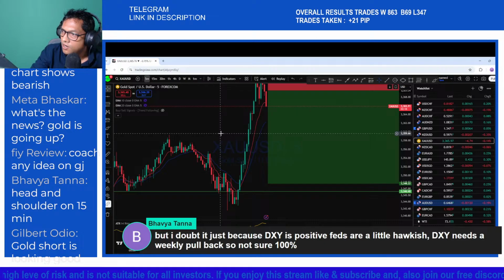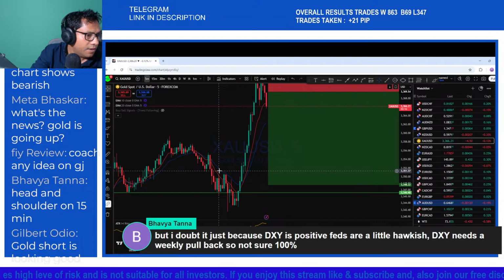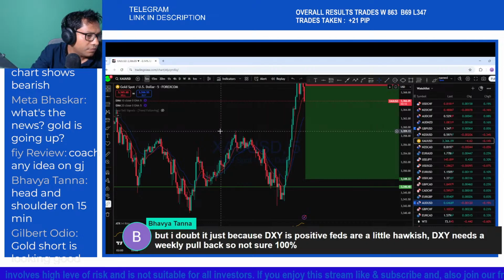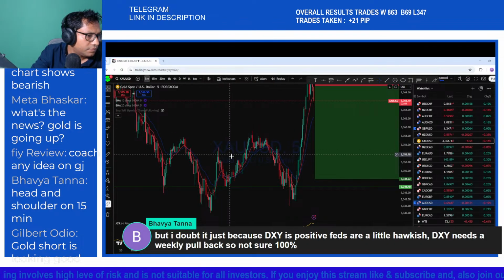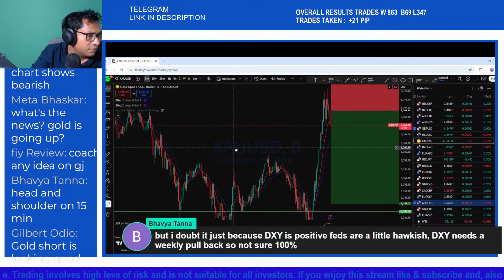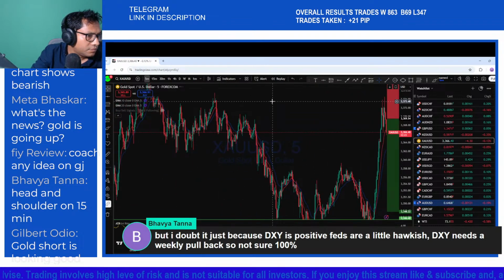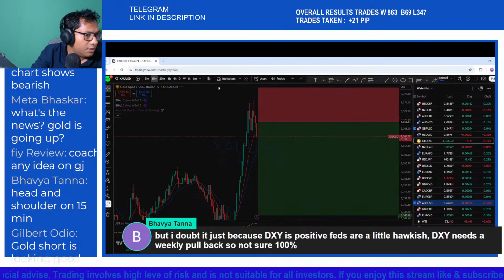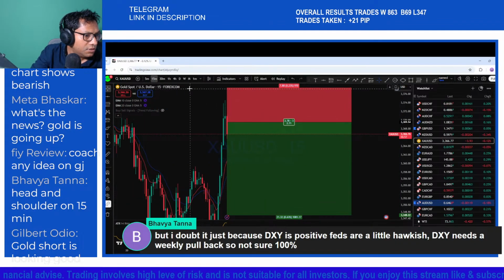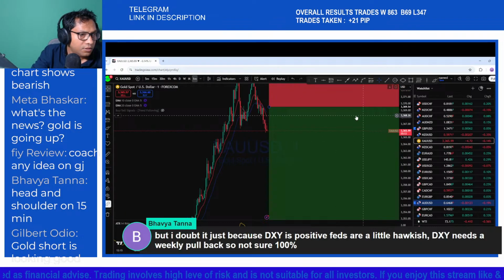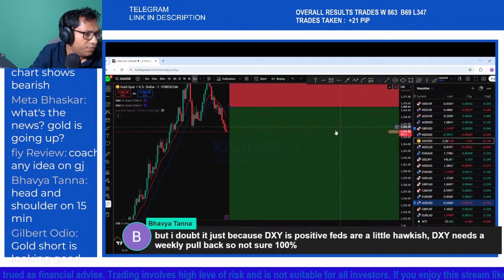You guys with me? We are running in profit, and here it's pushing down, and this is the 1 minute, which is showing pretty sharp bearish.